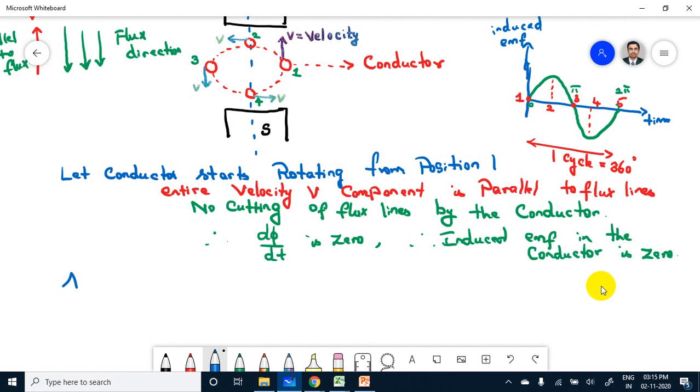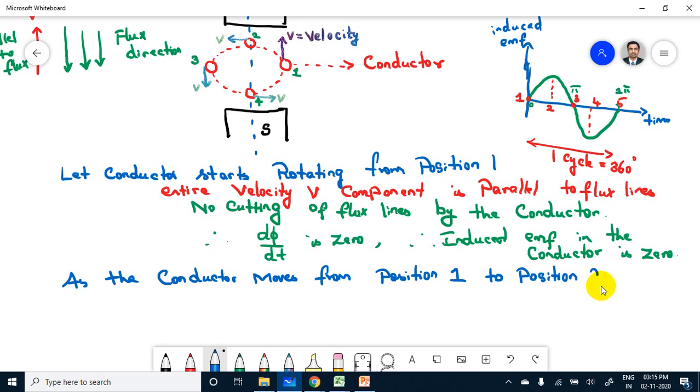Now the conductor moves from position 1 to position 2.